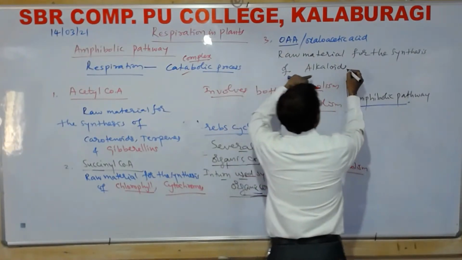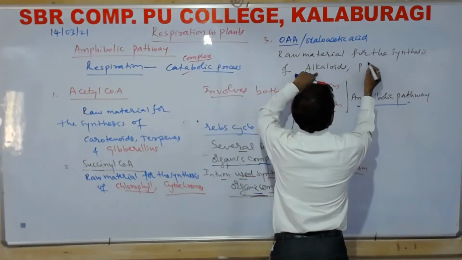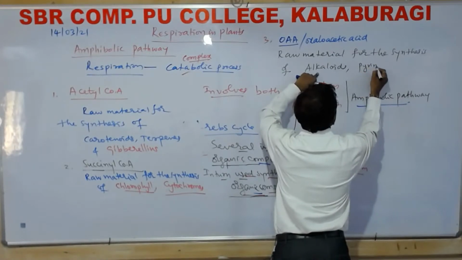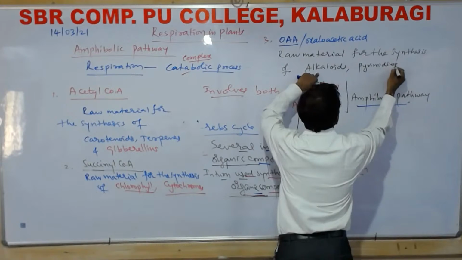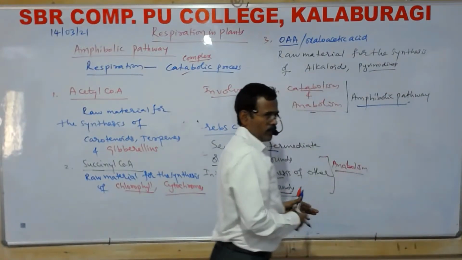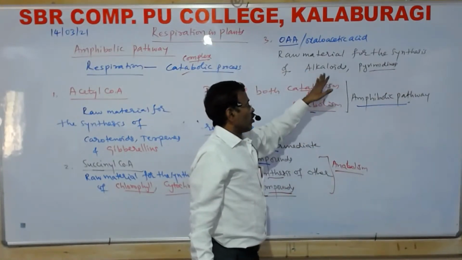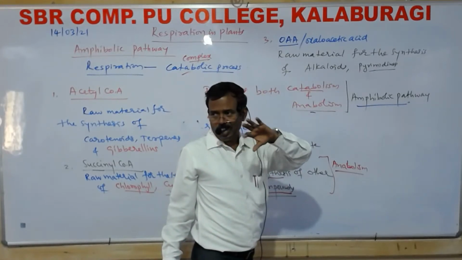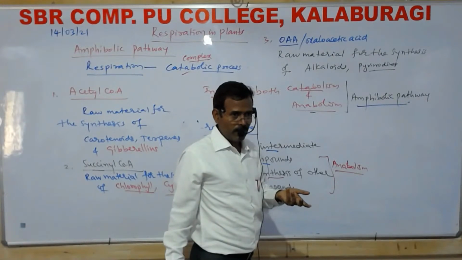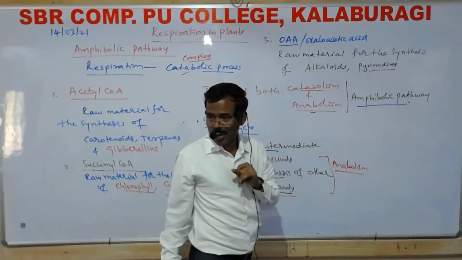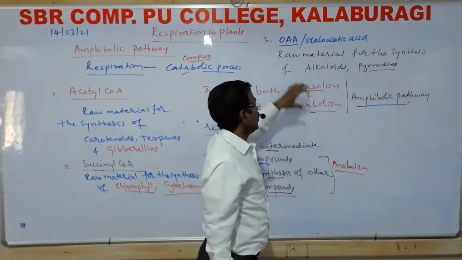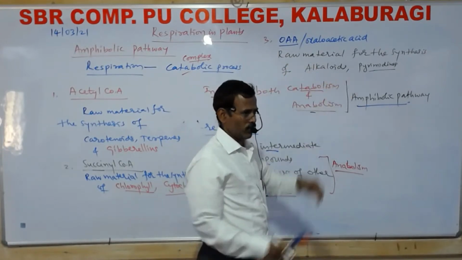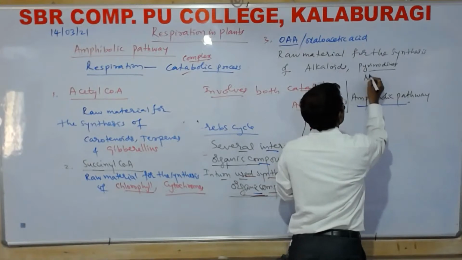Alkaloids, and you have pyrimidines. You have nitrogen bases, pyrimidines and purines. They are present in nucleic acids, DNA and RNA. So the synthesis of alkaloids and pyrimidines, which are nitrogen bases.